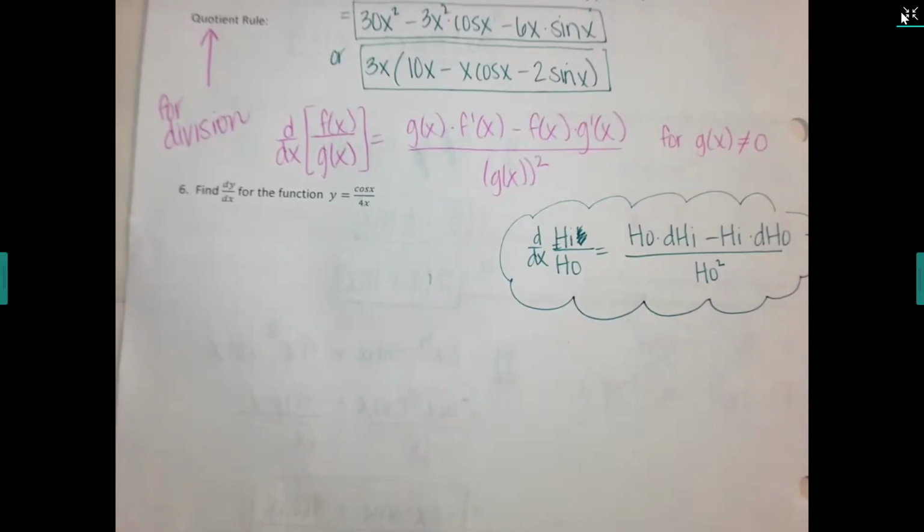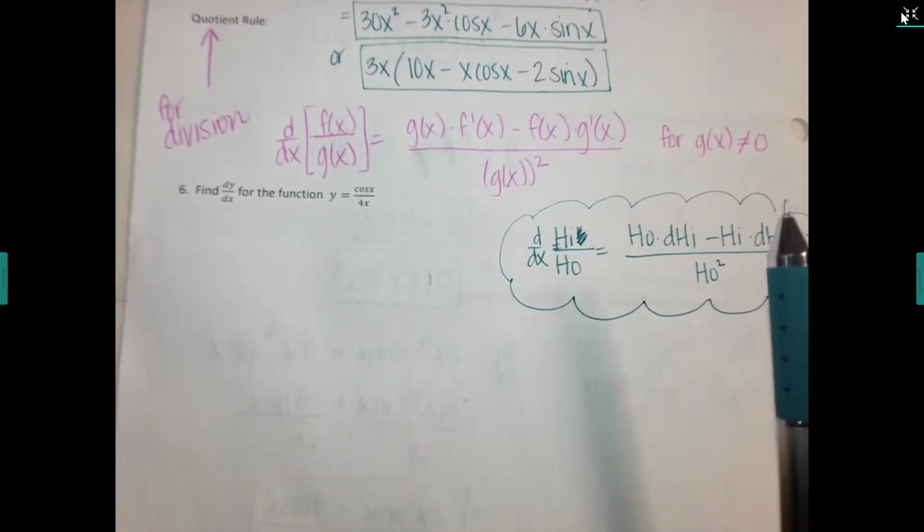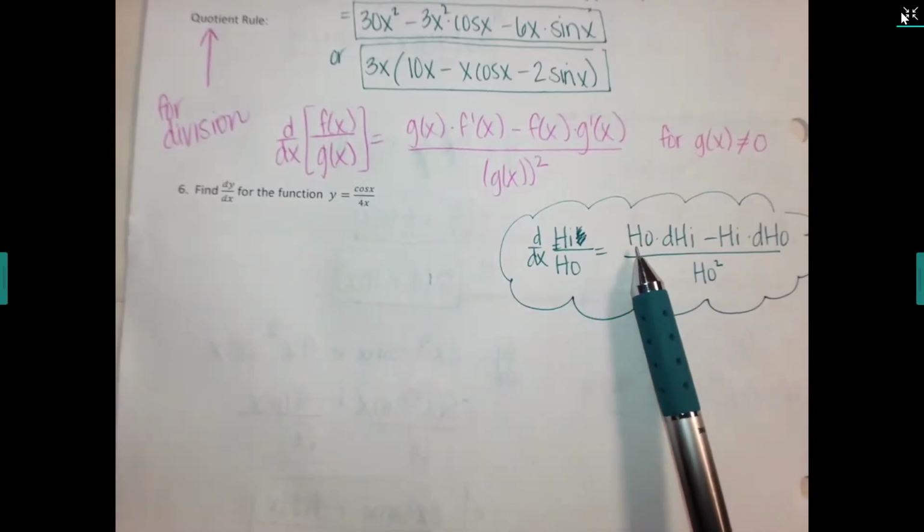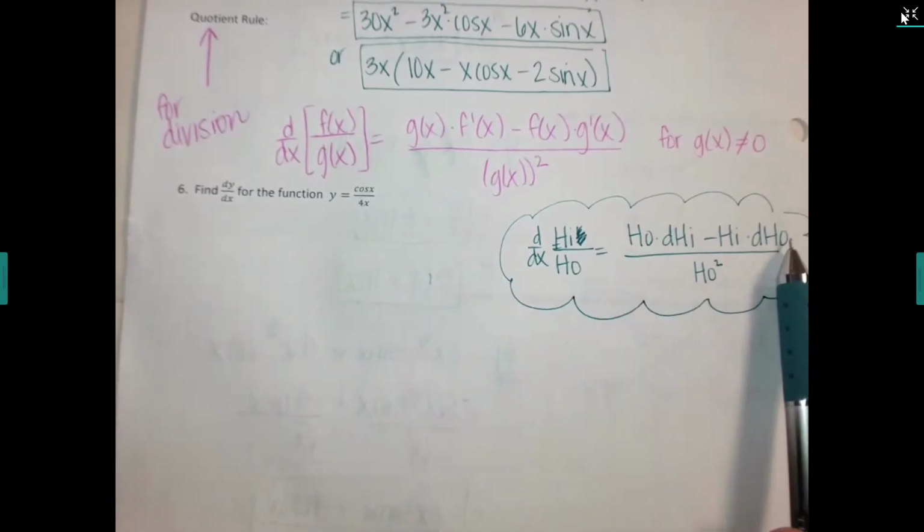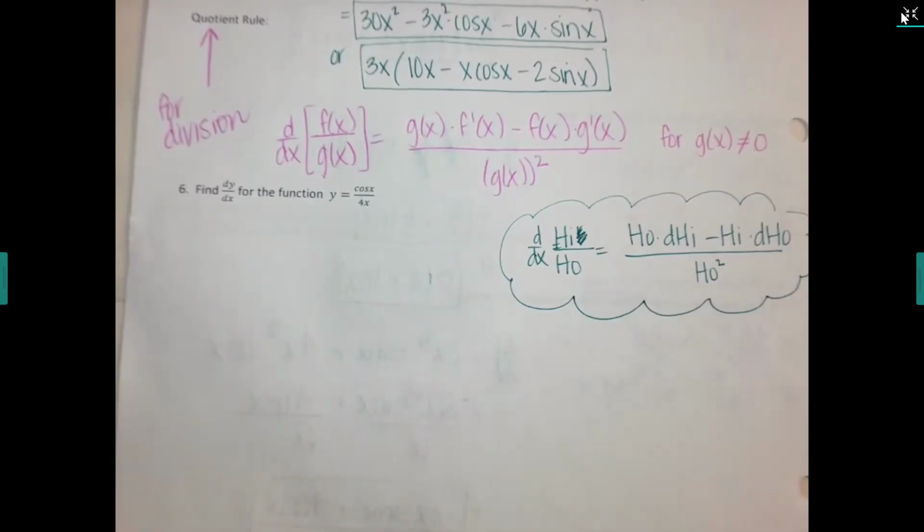The reason you can remember this version easier is because the ho's go on the corners. So then you don't have to remember which way it goes. The ho's have to go on the corners. So that's how we're going to do it.